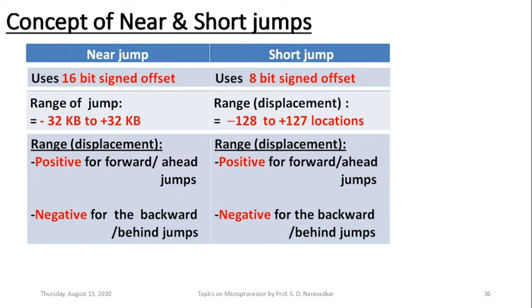What I have just explained is written here at the bottom. The range or displacement specified is a positive displacement for forward or ahead jumps, and a negative displacement for backward or behind jumps. It is applicable to both near as well as short jumps.